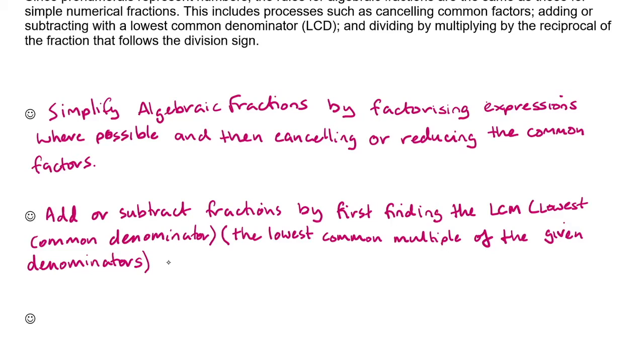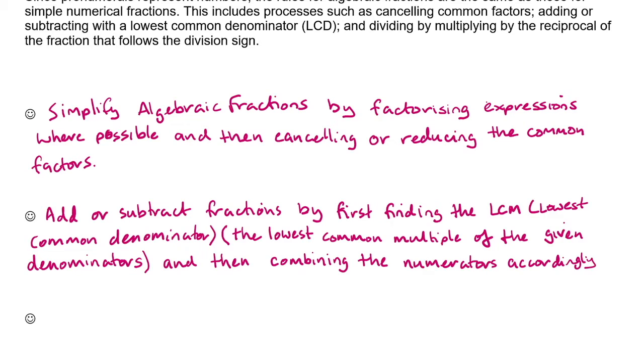And then we combine the numerators accordingly. So we find that lowest common denominator, and once we have it, we can combine the numerators how we need to. There's a couple of different things that we can do there.